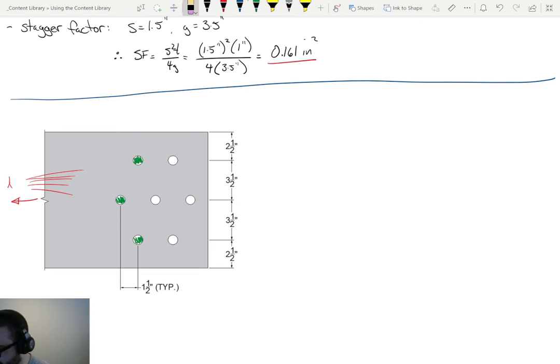Let me delete my little guy here so it doesn't get cluttered. Now that I have identified my lead line of bolts, I'm going to start to label these.